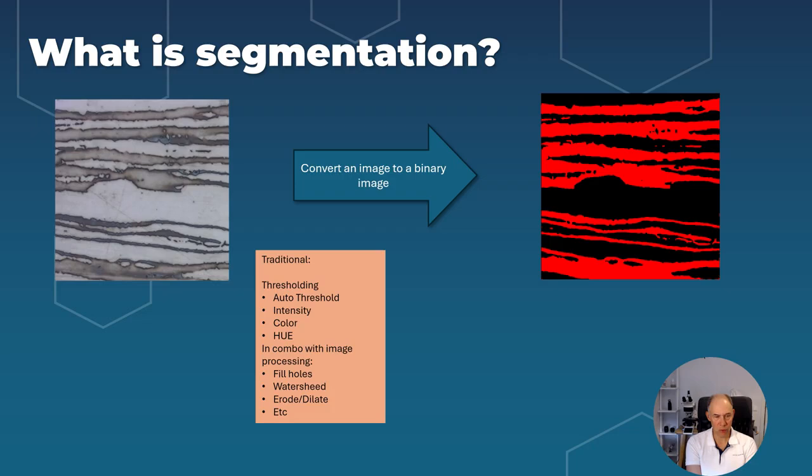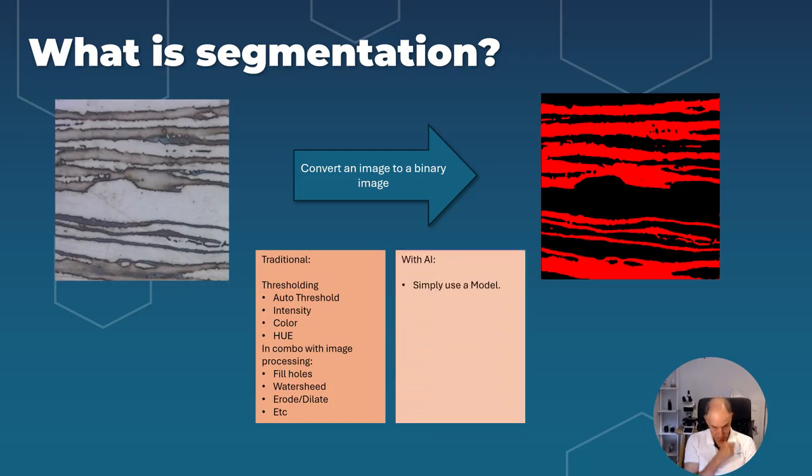So you threshold brighter or darker areas, or perhaps based on color or hue in the image. And then you can combine that with a number of filters, often filters like fill holes, watershed for separation of objects, erode, delete, and there are literally hundreds of different filters. And this is actually quite hard to learn.